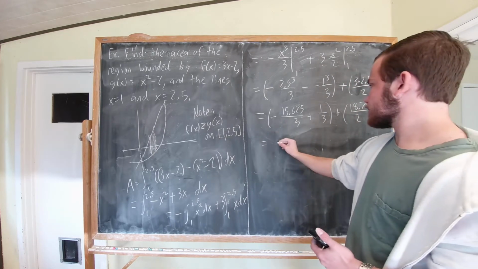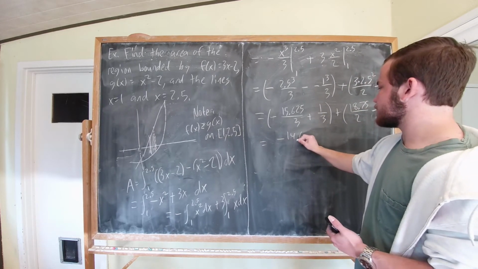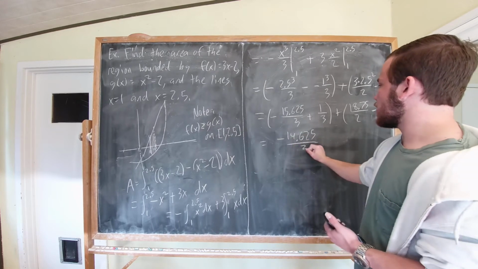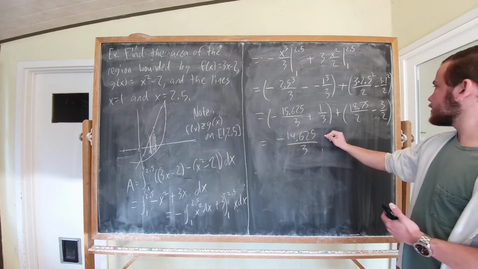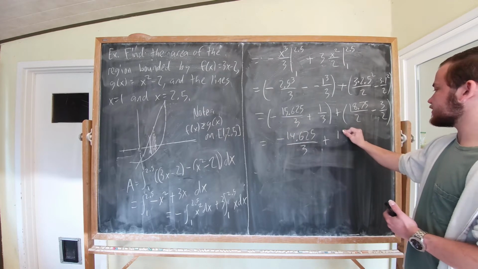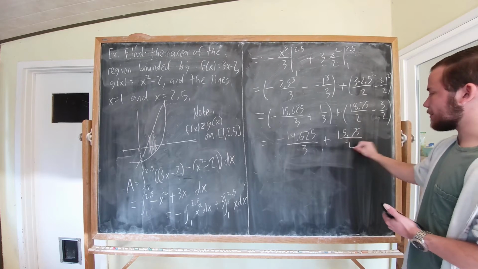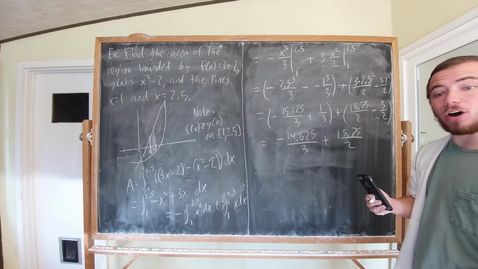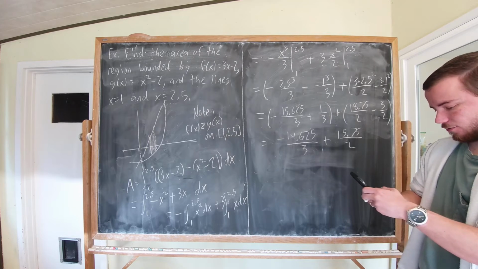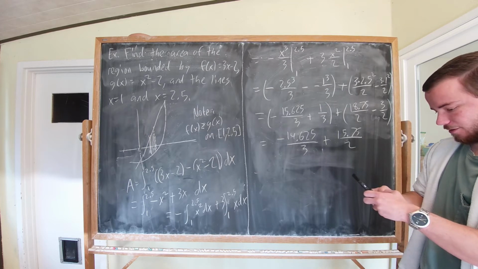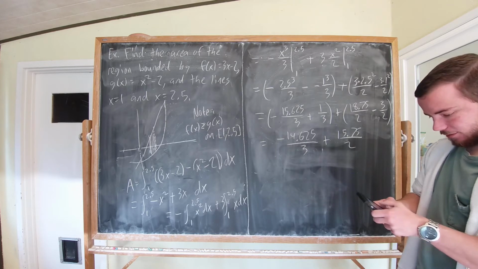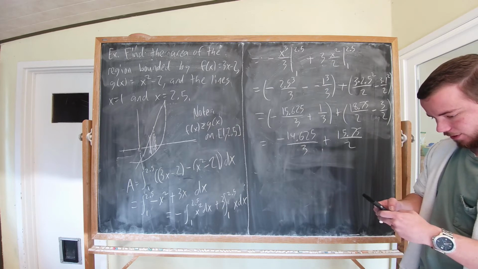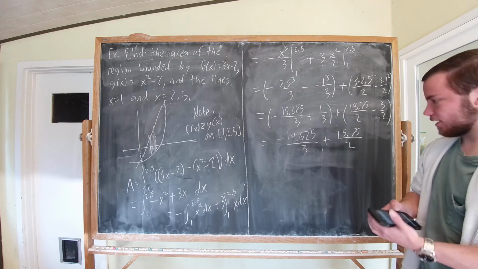So we're going to have negative 14.625 over 3, because we have that negative there, plus 15.75 divided by 2. And if you put all that through a calculator, 0.625 divided by 3, plus 15.75 divided by 2. Oh!